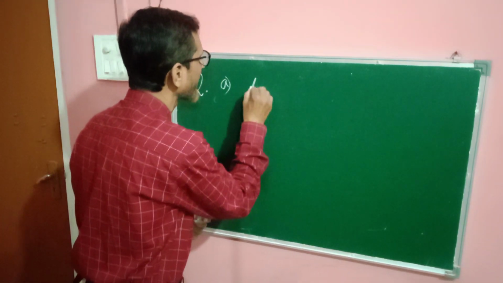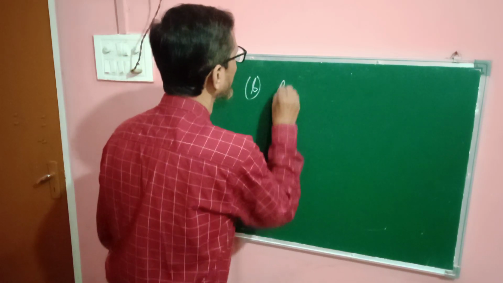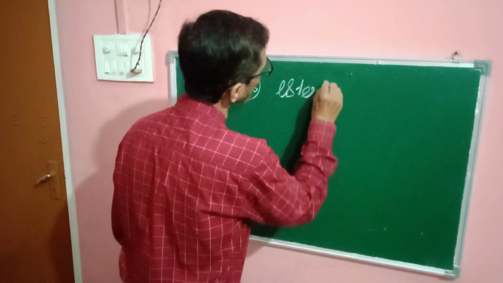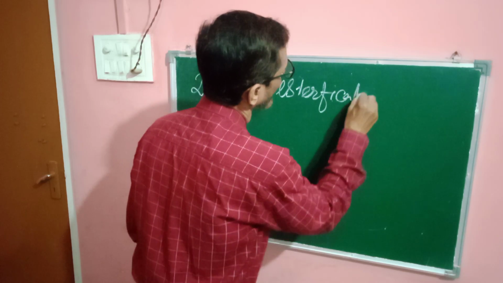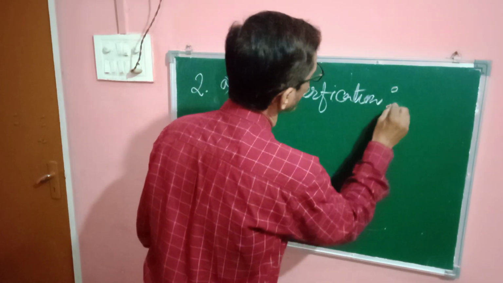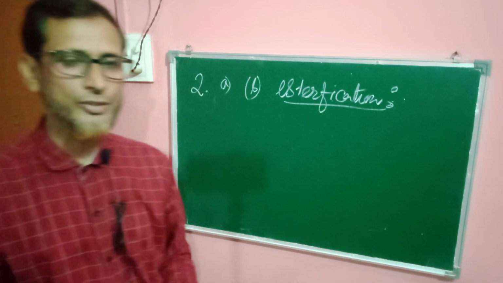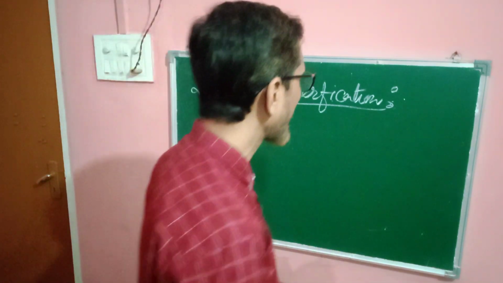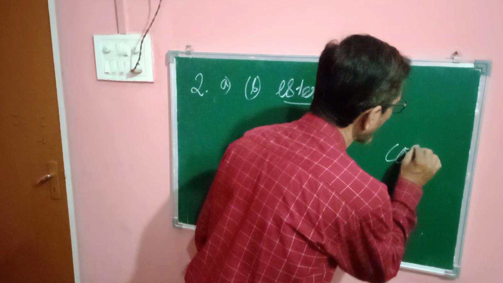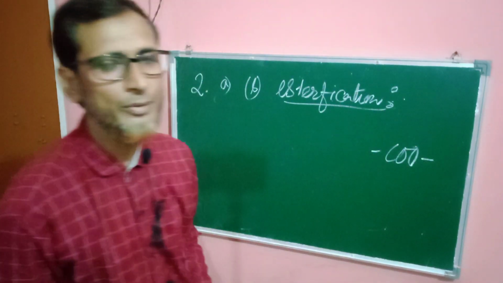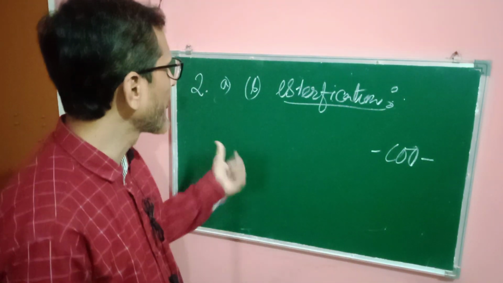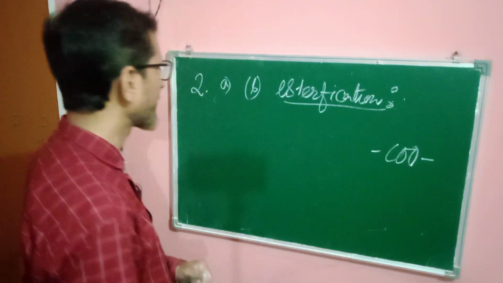What is the second type? The second type of reaction is esterification. It is very important. Lots of questions appear in exams, either in entrance or in your board exam. Esterification means an ester group will be introduced in the final compound, and generally the reaction proceeds through concentrated sulfuric acid.